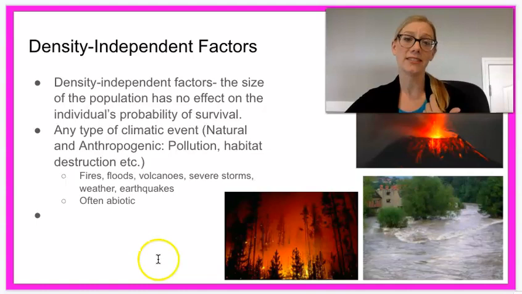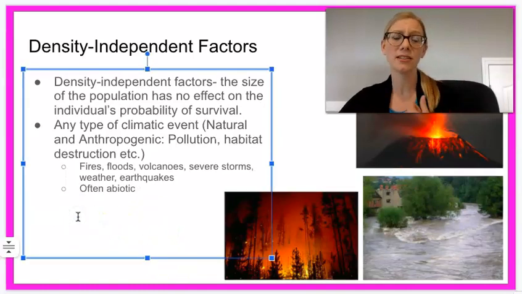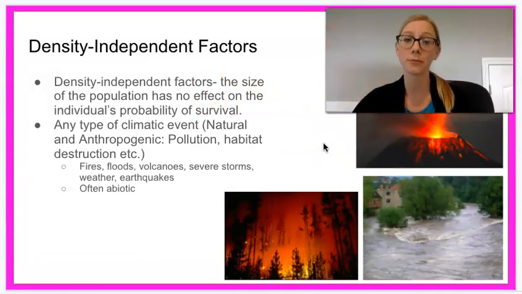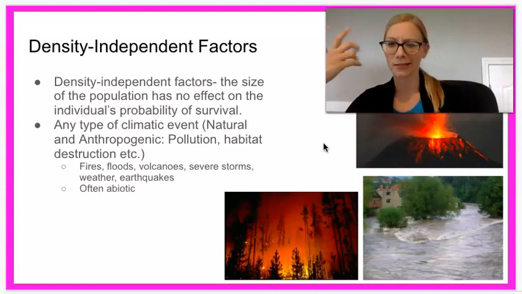We also have density-independent factors, and these affect the size of a population, but they have no effect on the individual's probability of survival. So what does that mean? Typically, these are some sort of natural climactic event, or even anthropogenic, which means by humans.